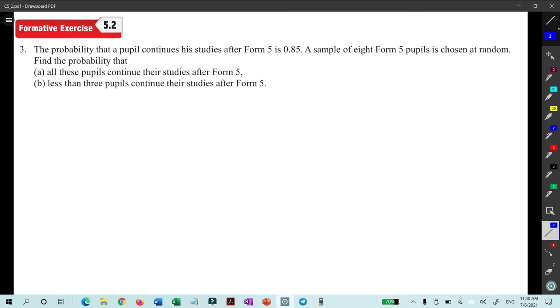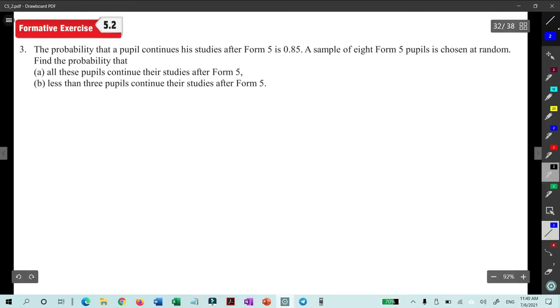The probability that a pupil continues studies after Form 5 is 0.85. A sample of 8 Form 5 people is chosen at random. Find the probability that all these pupils continue their studies after Form 5.